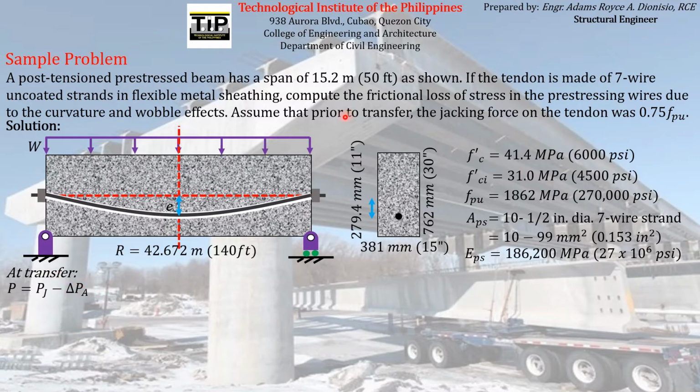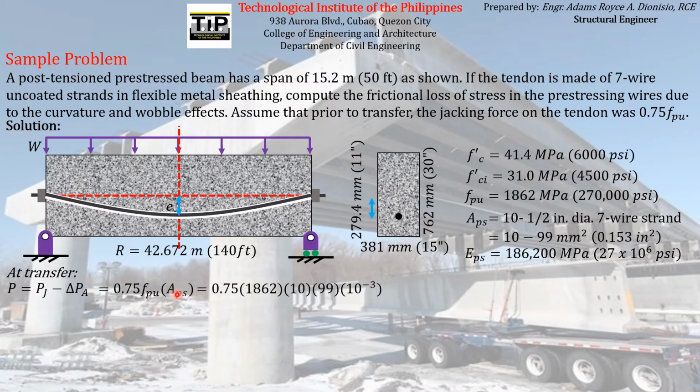Although it was already specified on the problem that the jacking force on the tendon prior to transfer, at the instance wherein the pre-stressing force will be transferred to the concrete element, is just equal to 0.75 FPU. Since we want to find a particular force, we have to convert that stress into the corresponding force. So we have to multiply it by the area of the pre-stressing reinforcement.